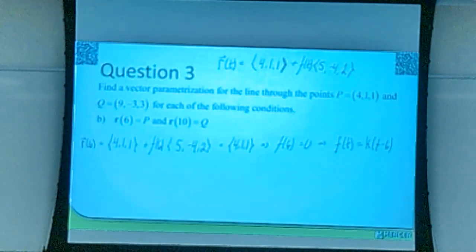Take f of t to be some constant times t minus 6. Again, f of 6 has to be 0. Could also use 6 minus t. R of 10, we're going to get 4k, right?